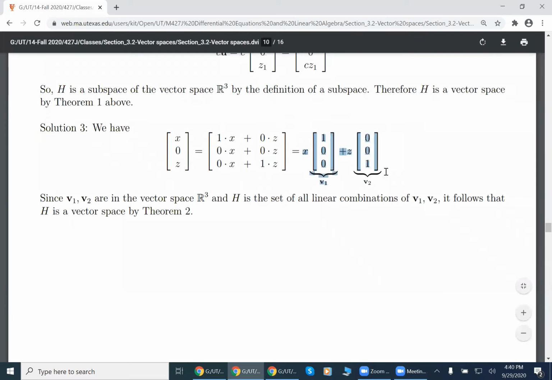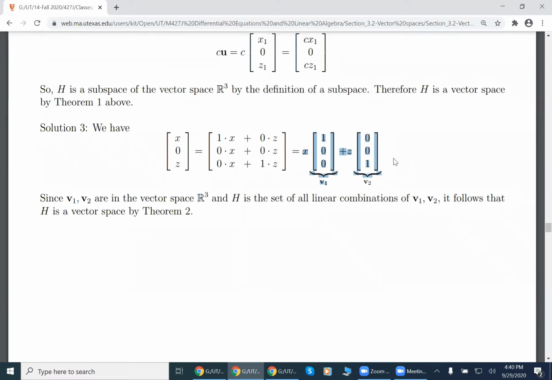What we see in front of us over here is the set of all their linear combinations, because there are no restrictions on X, there are no restrictions on Z. But this is a vector space by Theorem 2. Therefore, this is a vector space.